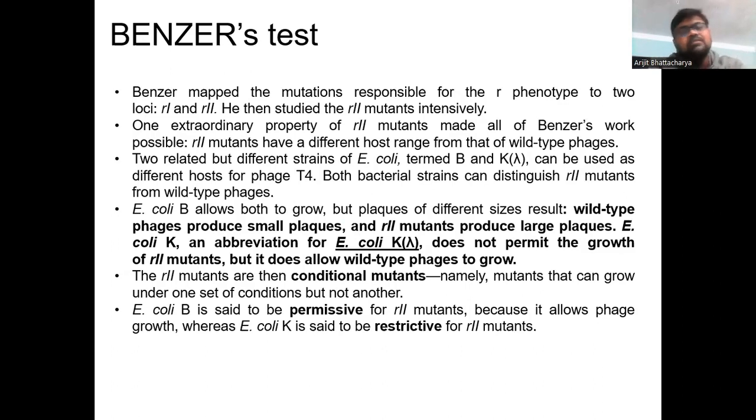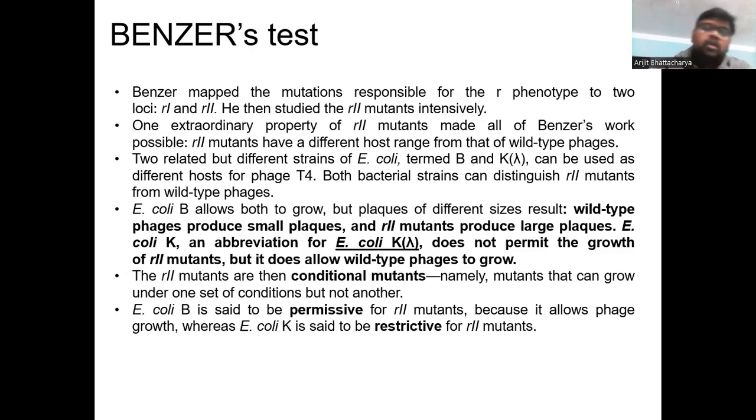In Benzer's test, the main target was the R phenotype of phage, what we have already discussed. In their laboratory there was a collection of a huge number of different mutants of T4 phage. T4 is the model for this experiment, so we would concentrate on T4 phage.